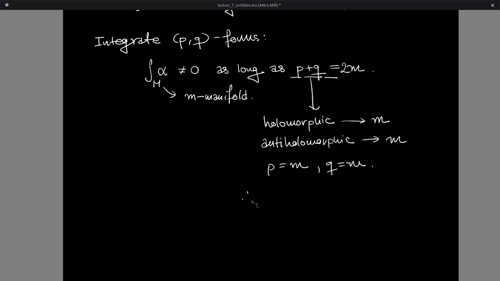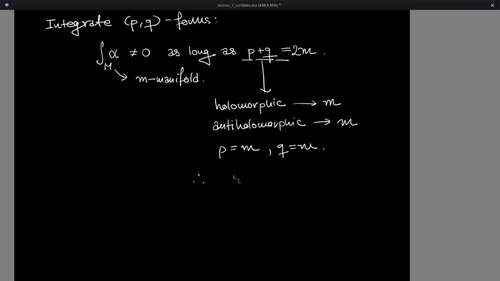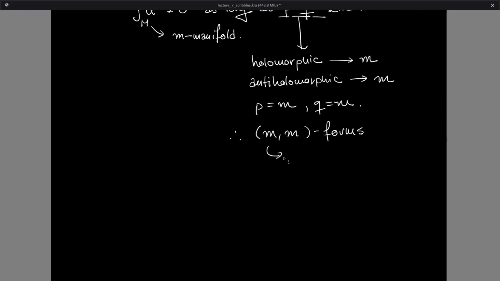So therefore, the only integrable PQ forms, according to our definition, are MM forms. In other words, they are top degree forms. They have to be top degree forms, but the only top degree forms available are MM forms. That's what we're saying.